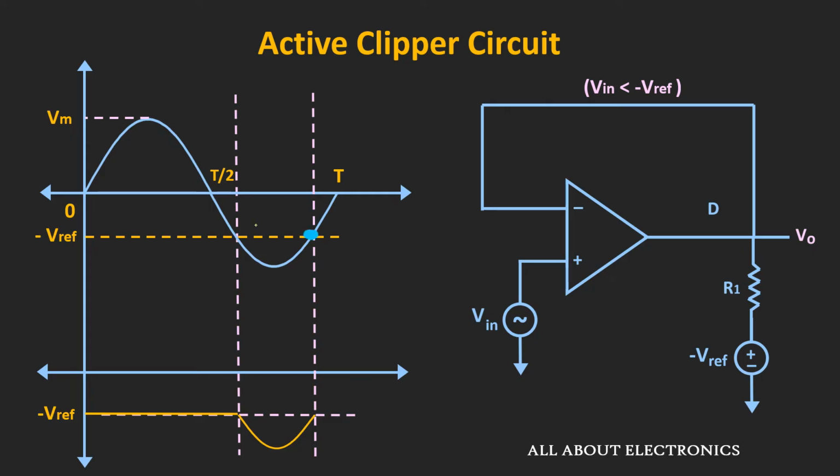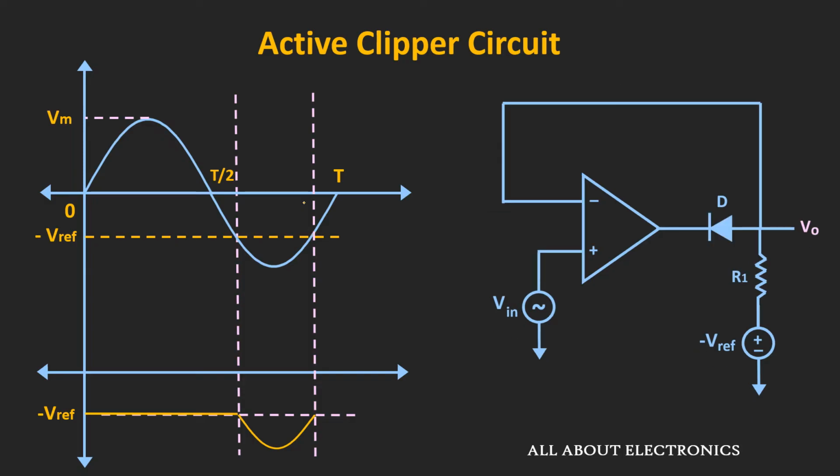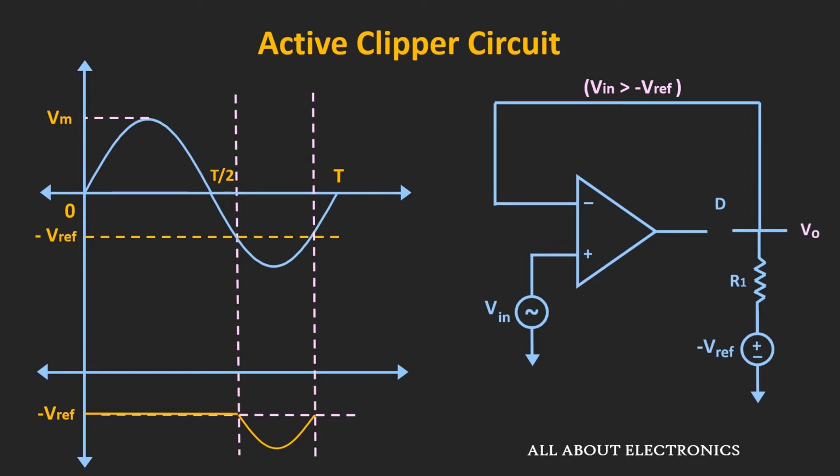Now once again, after this time, the input voltage Vin will be greater than the minus V reference. So once again, now this voltage V plus will be greater than V minus. And due to that, once again, the op-amp will go towards the positive saturation. So during this period, once again the diode will act as an open circuit, and now the output voltage Vout is equal to minus V reference.